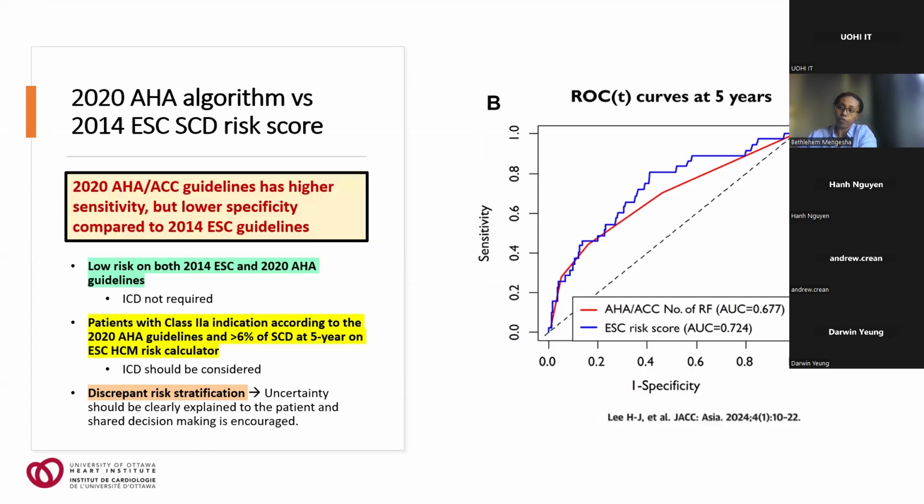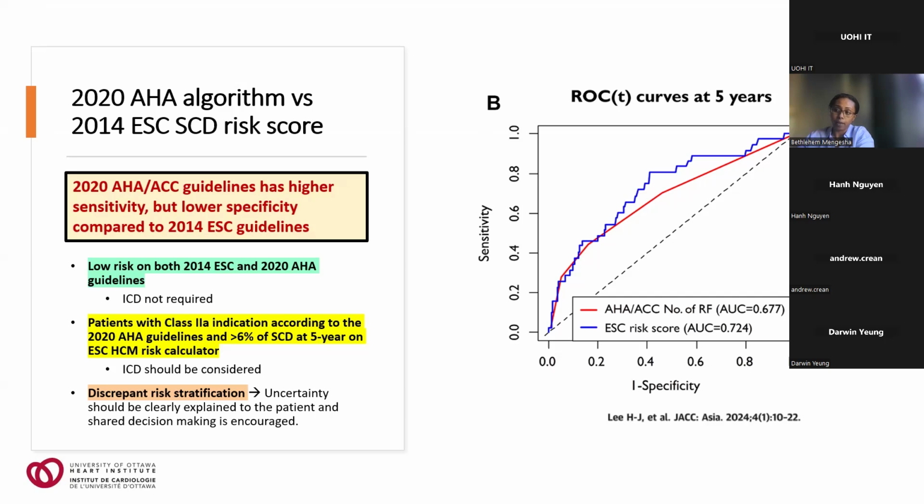The performance of the American risk factor strategy and the ESC risk score were compared in several studies. And overall performance did not differ significantly, but there were differences. So the ESC risk calculator has been criticized as a rigid mathematical model with low sensitivity, theoretically leaving many patients unprotected without ICD, and potentially with poor flexibility to evolve as new evidence emerges.